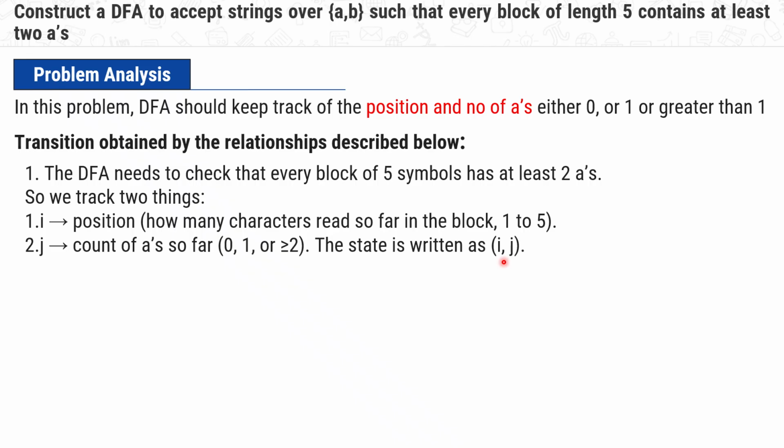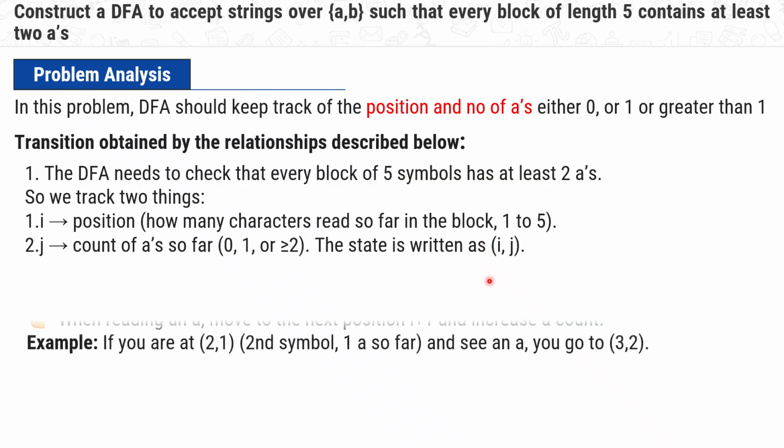That particular block may have 0 A's, 1 A, or greater than or equal to 2 A's. But as per our problem statement, every block should have at least 2 A's. It may have more than 2 A's as well. So the state is represented like this: I comma J. That is the first condition.